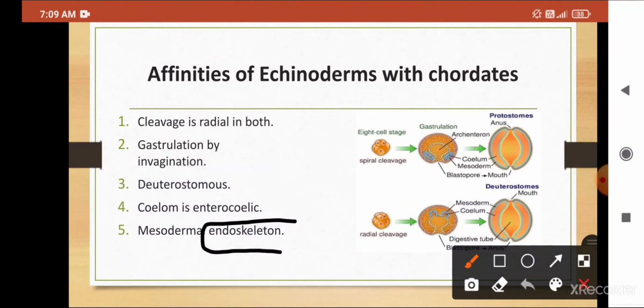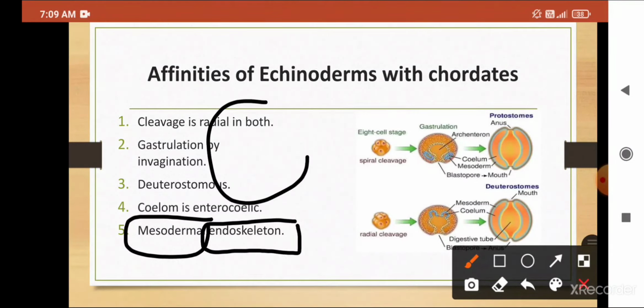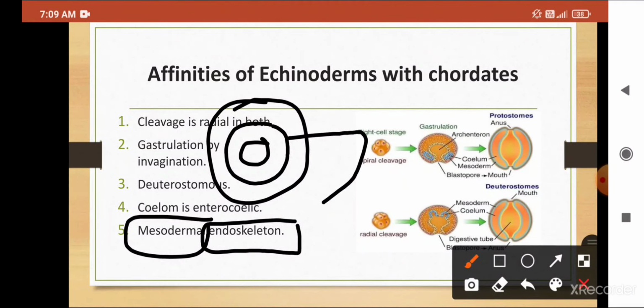The last one, the endoskeleton, is also present in echinoderms as well as in chordates, but it is formed from the mesoderm, that is the middle layer. We have already discussed that this is ectoderm, endoderm and mesoderm, and the endoskeleton is formed from the mesodermal layer.